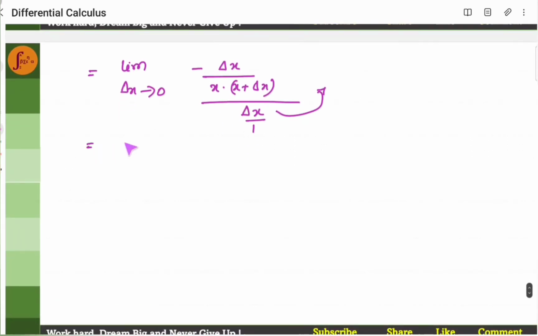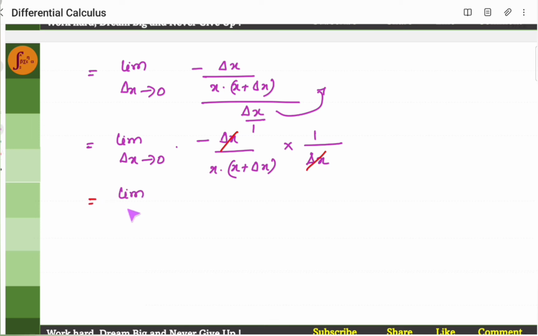So I'll get limit delta x tending to 0, minus delta x by x into x plus delta x. When I take this up, it's going to be a reciprocal, so it will be 1 by delta x. So this and this will get cancelled. So I'll get limit delta x tending to 0, minus 1 by x into x plus delta x.